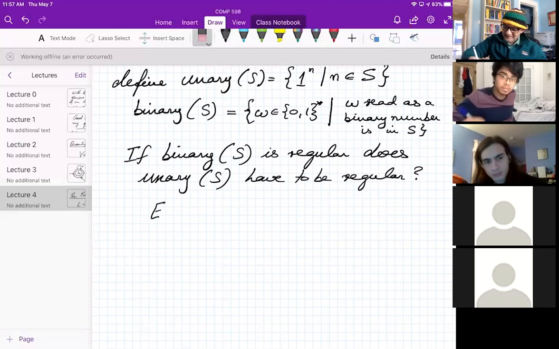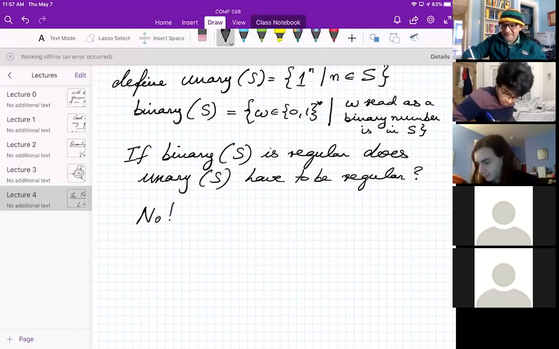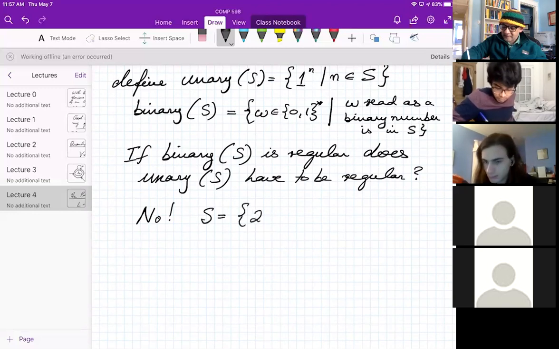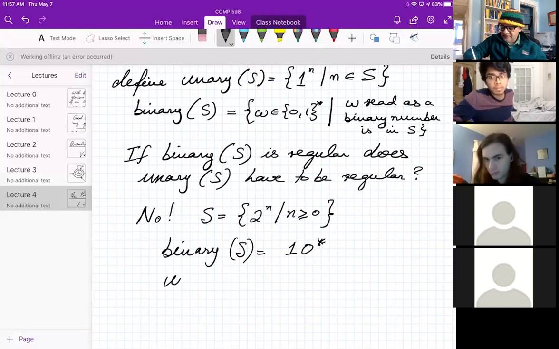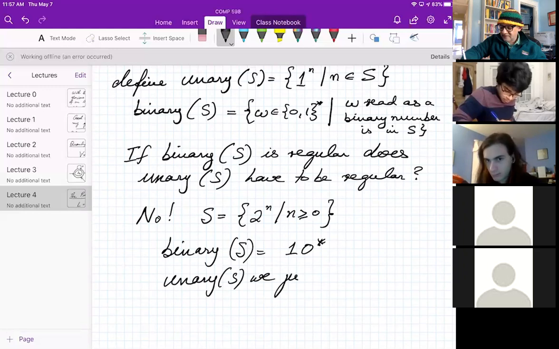The answer is no. So if S equals powers of 2, then binary S equals 10*, but unary S we just showed is not regular.